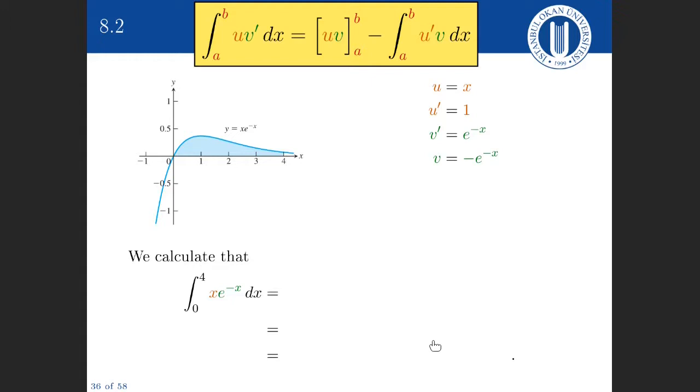Put these into the integration by parts formula. I get minus x e to the power minus x, calculated at 0 and 4, minus the integral from 0 to 4 of 1 multiplied by minus e to the power minus x.